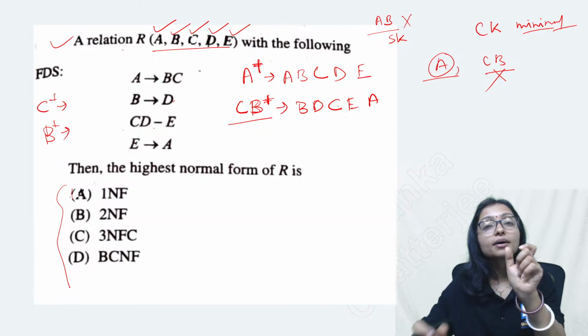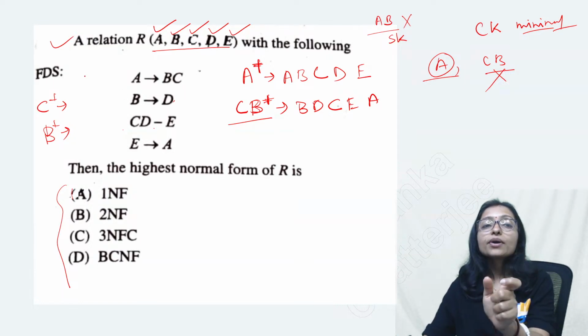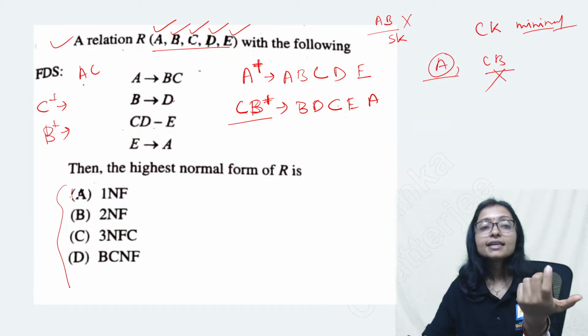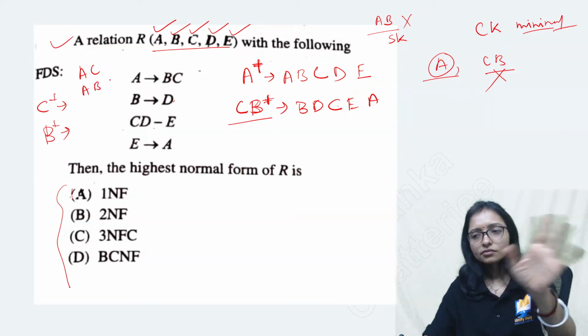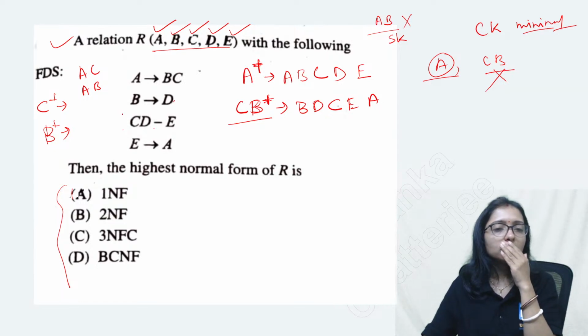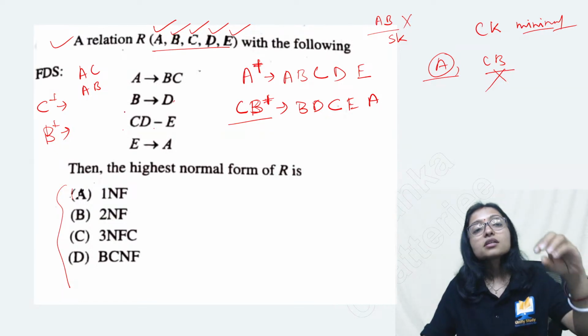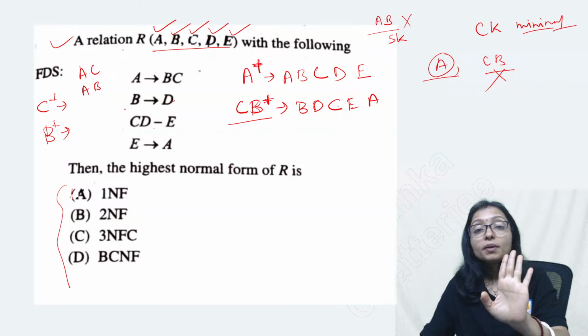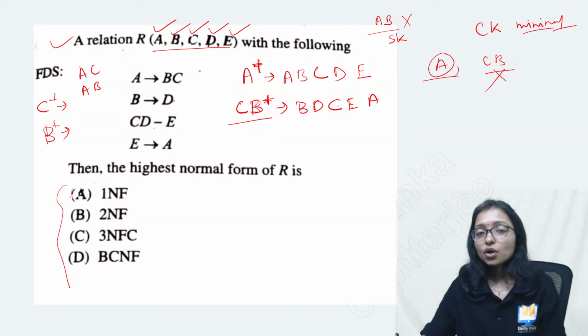Don't count the number of attributes. You cannot take AC, AB, because A cannot be present. Okay. So now you see that CB I got. Is CD a candidate key? CD is also a candidate key.